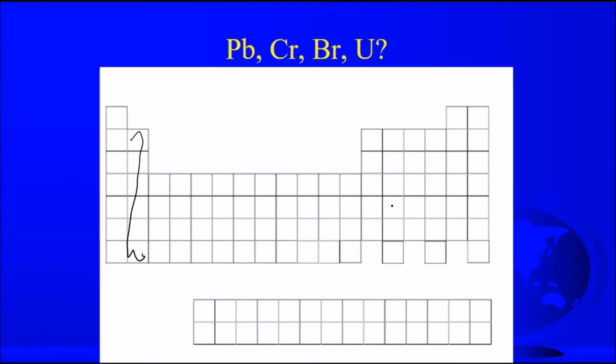Tin should be right here. Okay, so let's get a volunteer. Reagan, thank you for volunteering. Who is this noble gas that's inside? Krypton. Then continuing from there, what's that? 5s2.